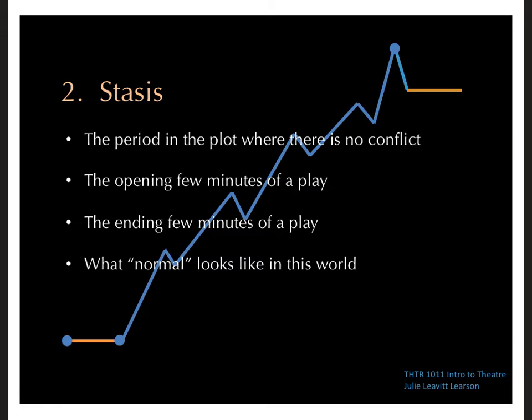We might not get all of those details. A good player will sprinkle them in throughout the plot and let drop certain pieces of information at different moments. But we do need enough information to understand, where are we, who are these people, what's their relationship to each other, and all of that. We really need to get a lay of the land. And we do that through this exposition. And that typically happens in this old stasis moment.